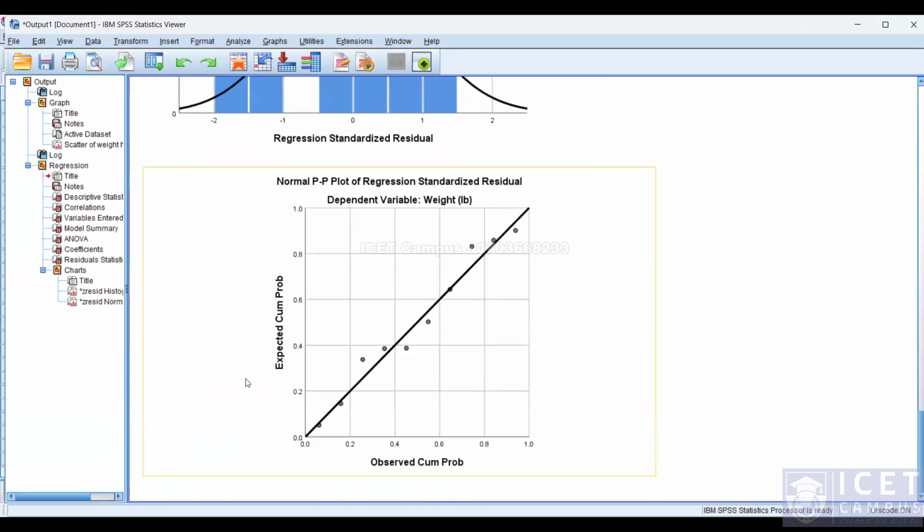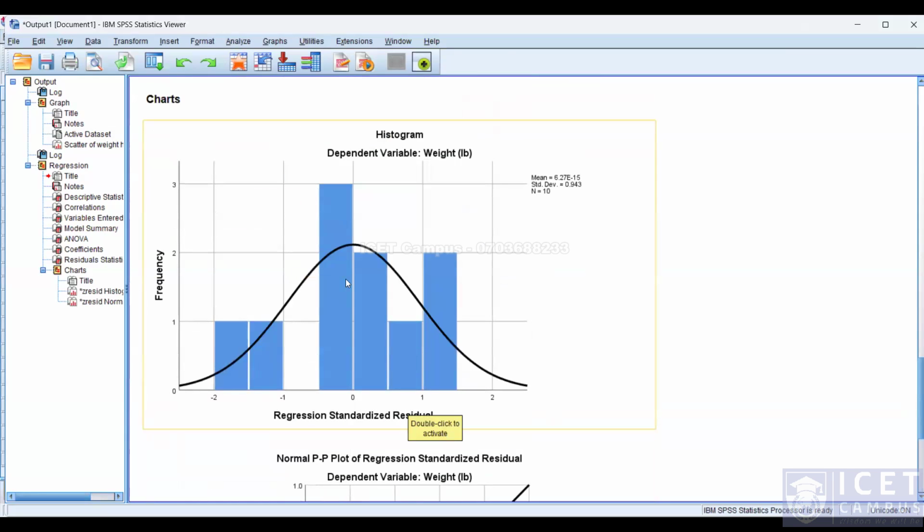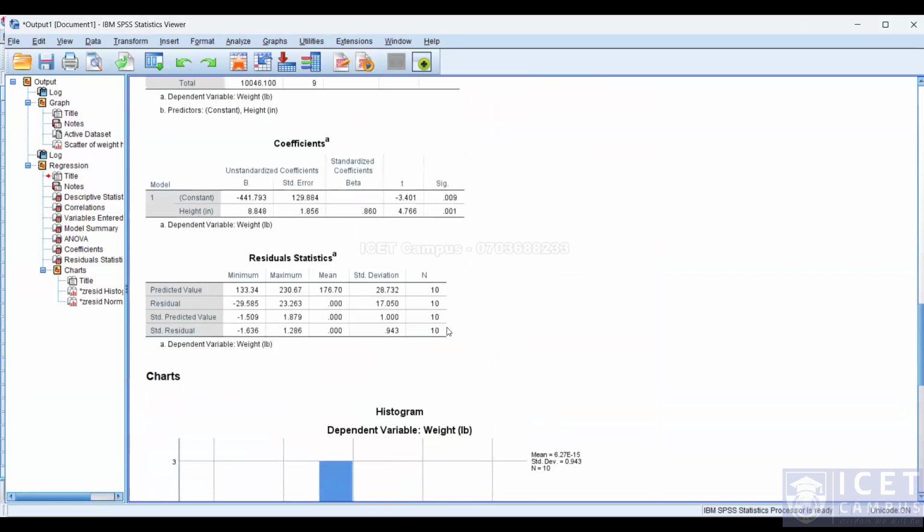You can see here the normal probability plot is also here, right?